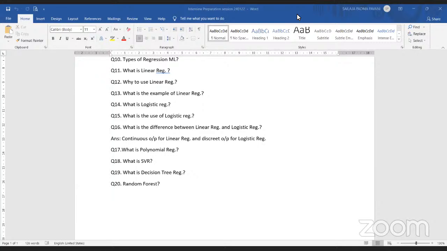Okay. Next, if you see the ML algorithms, where do you use the classification models? Yesterday we discussed, right?